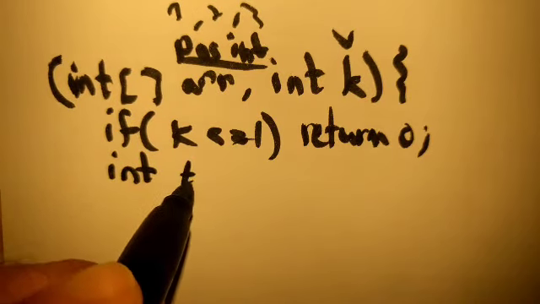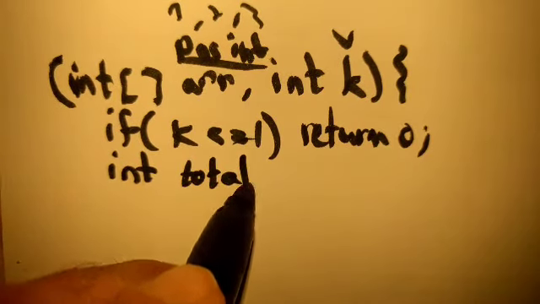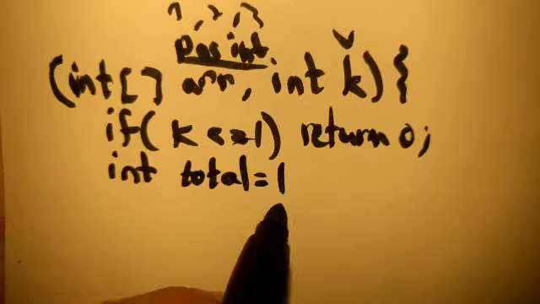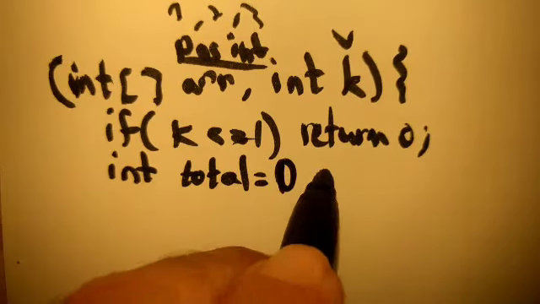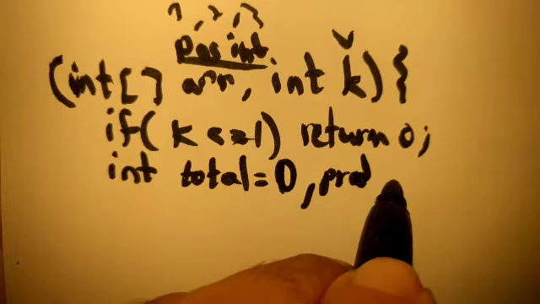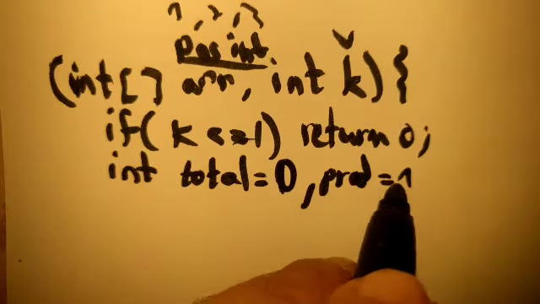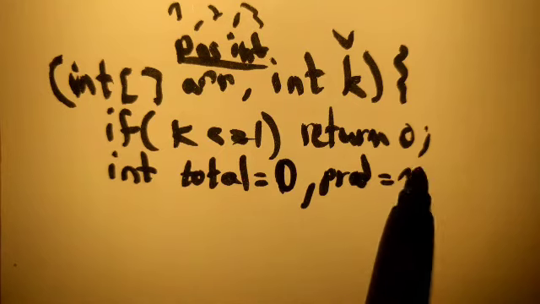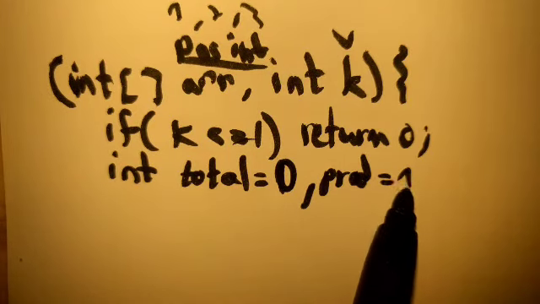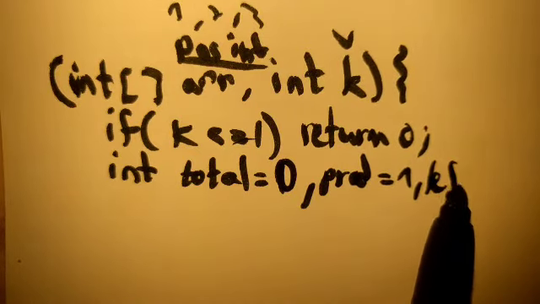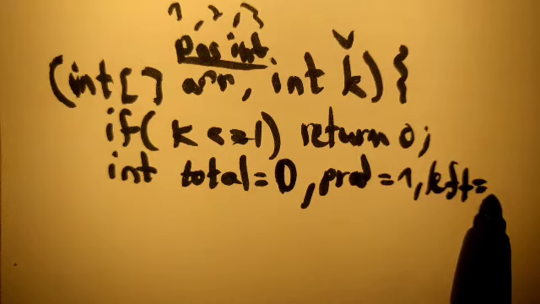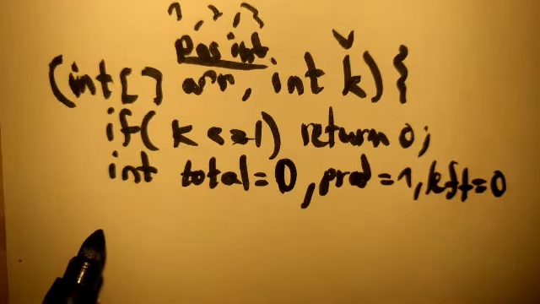The total is, sorry, 0. The product is 1, so that when we multiply, we multiply at least by 1 and not by 0. And the left index would be 0. Now we start looping.